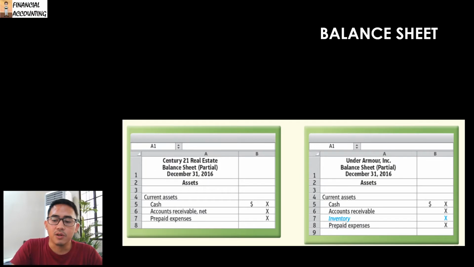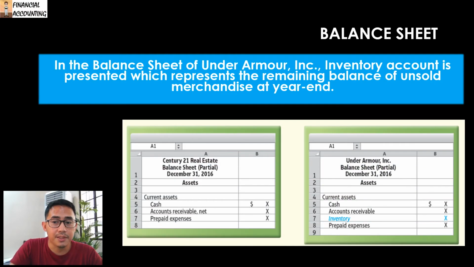Okay, in the balance sheet of a service type company and a merchandising type company, you can see the presence of inventory in a merchandising type company, while in a service type there's no inventory. Although there are also instances wherein a service type company could have inventory. For example, if the business is a laundry shop, that is a service type, but they still maintain inventory, like soap or fabric conditioner.